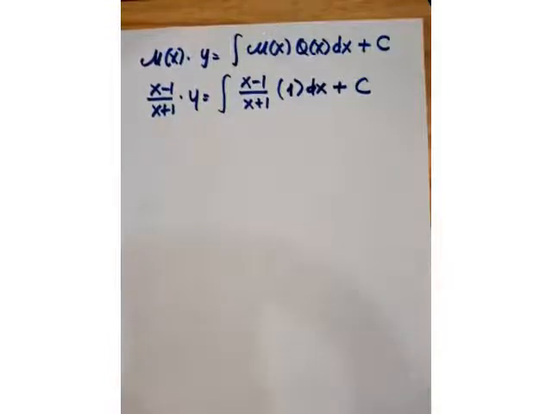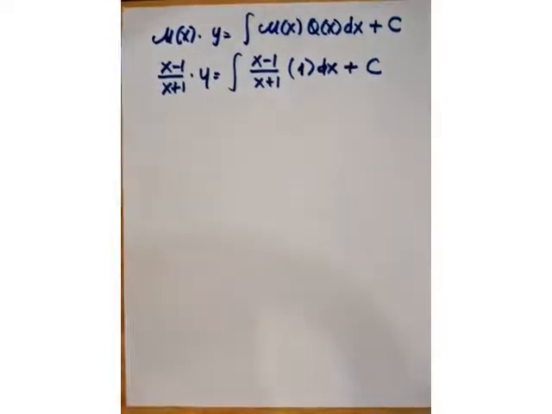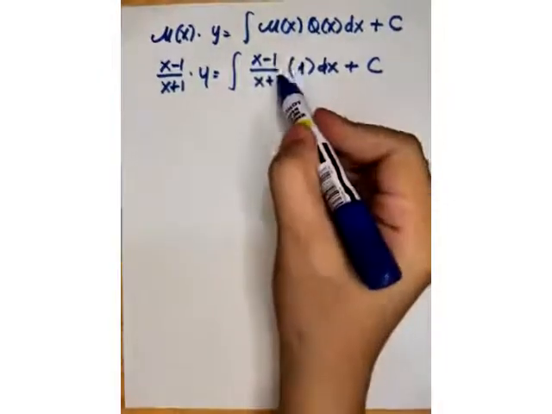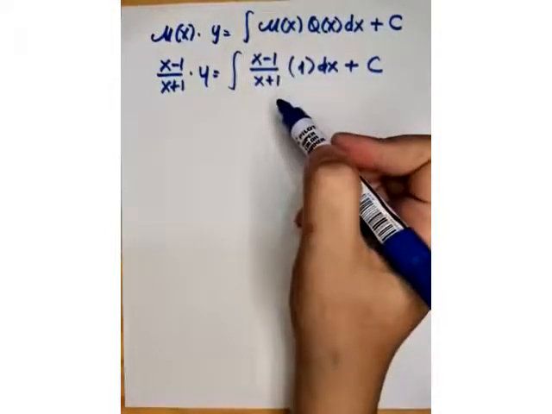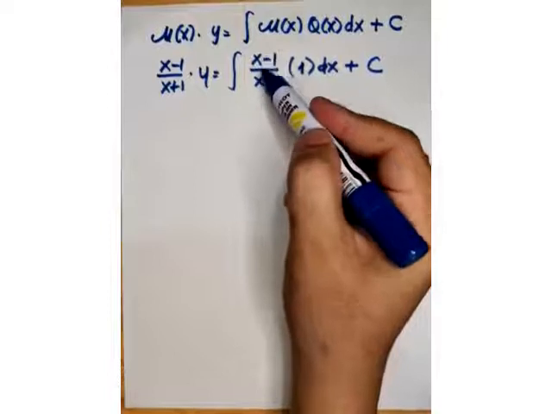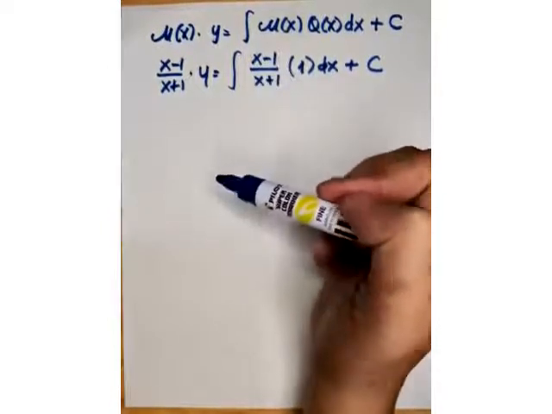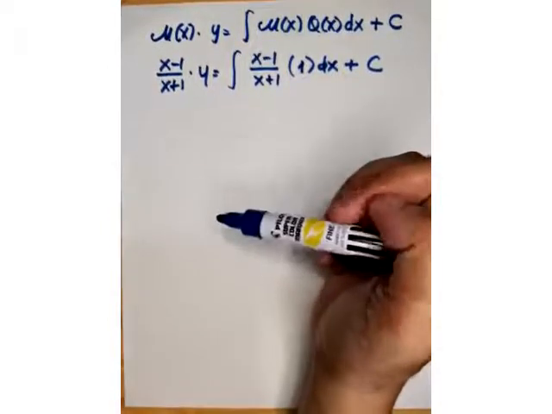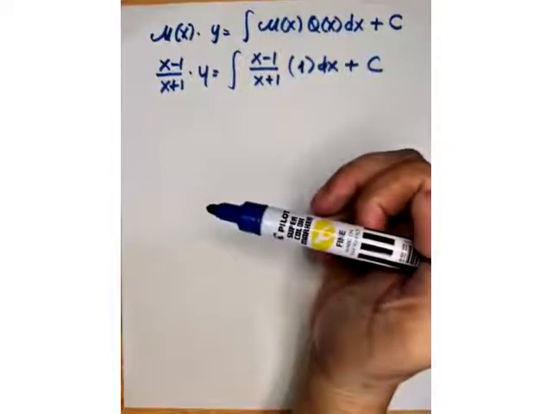Kakaiba pala yung problem na to. Ang dami-daming ginagawa. Okay, now, how are we going to integrate this? Okay, class, since the degree of the numerator and denominator are the same, so Ivan, what's your suggestion?